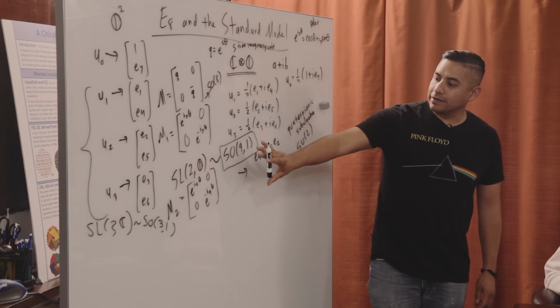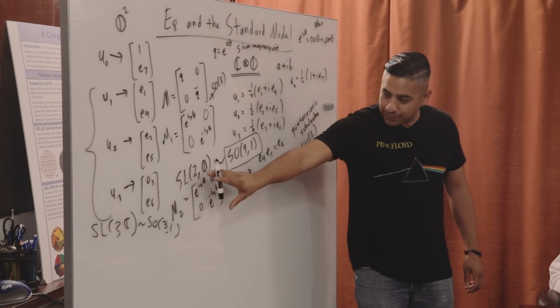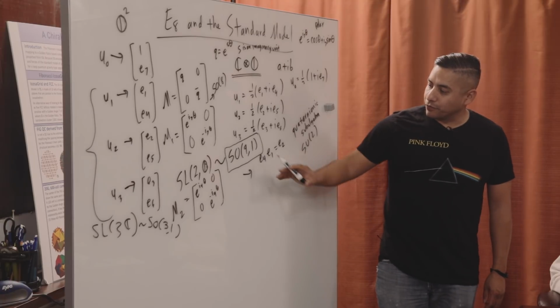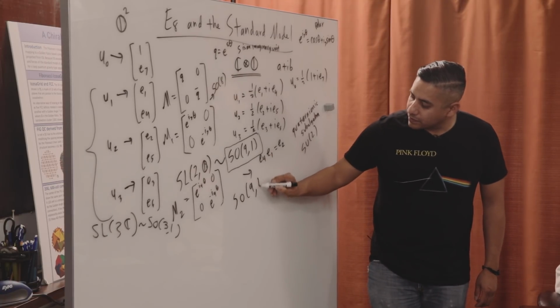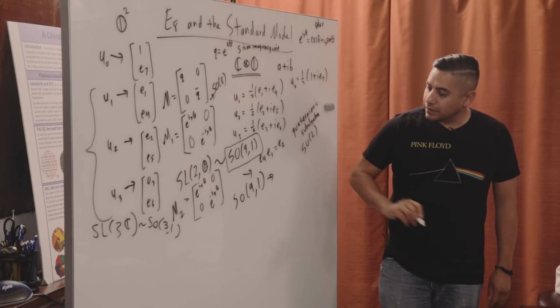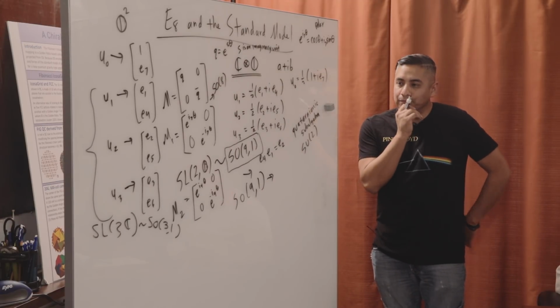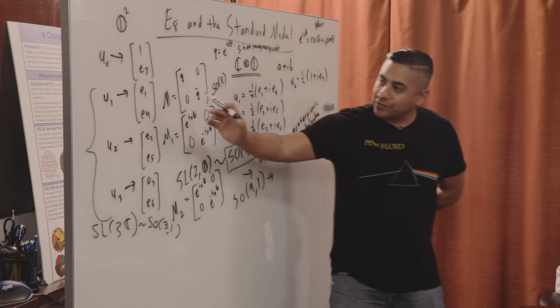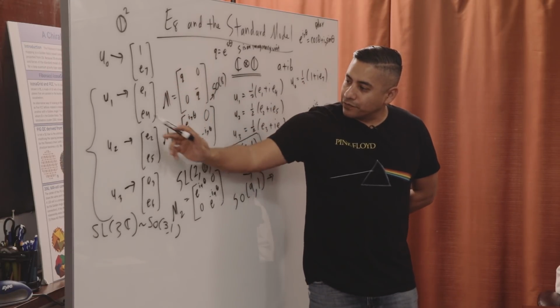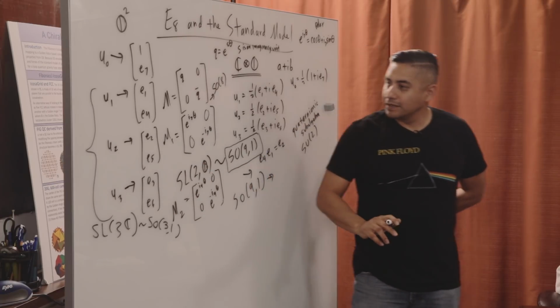But whether we can actually capture it here if we break this, the SO9,1, in a certain sense. So let's think about it. If the SO8 is acting on 8 directions, right? 1, 2, 3, 4, 5, 6, 7, 8.